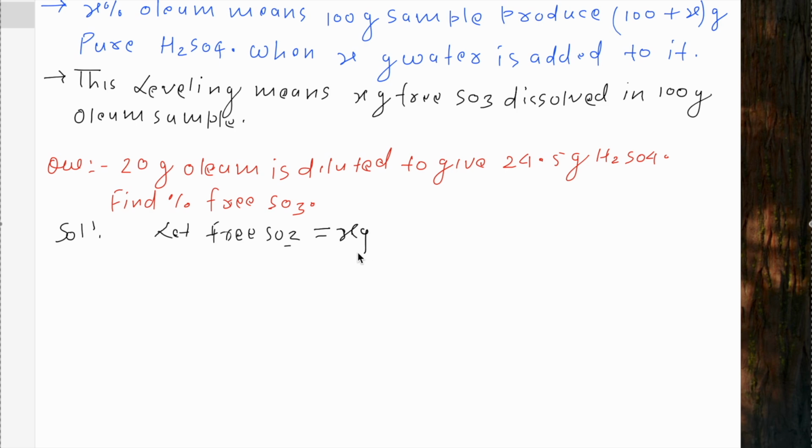Now mass of original H2SO4 is equal to 20 minus x gram.